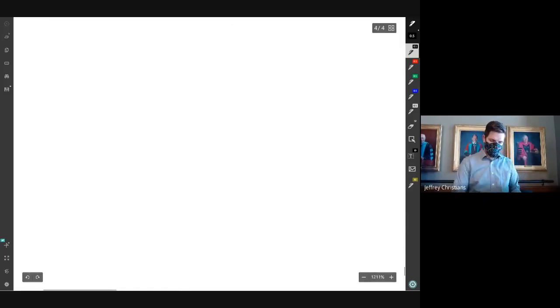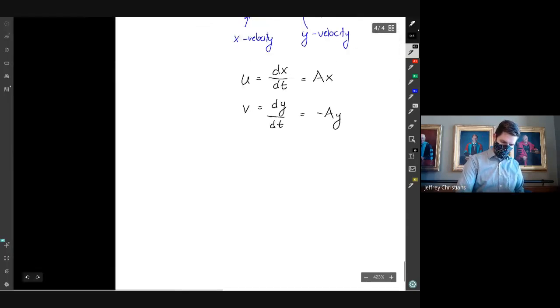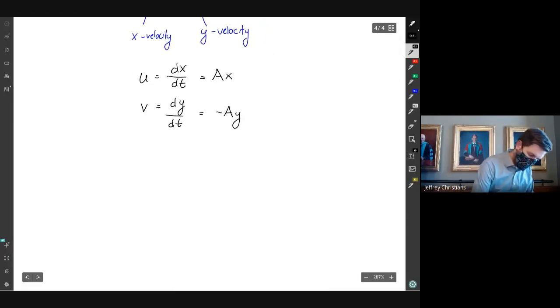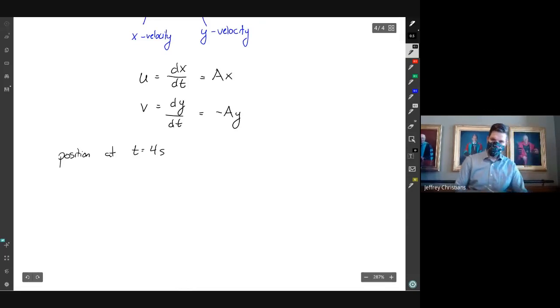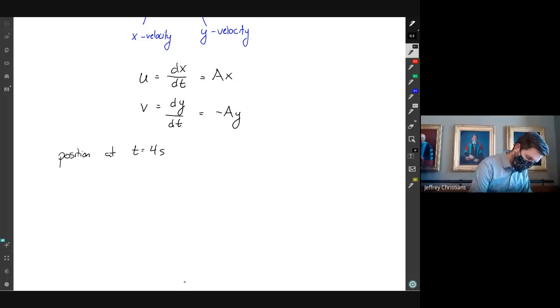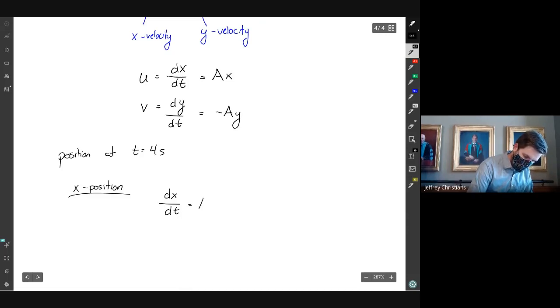So if we want to find the position at t equals 4 seconds, let's first look at the x position. Then we'll look at the y position. So for the x position, we have dx dt equals ax.